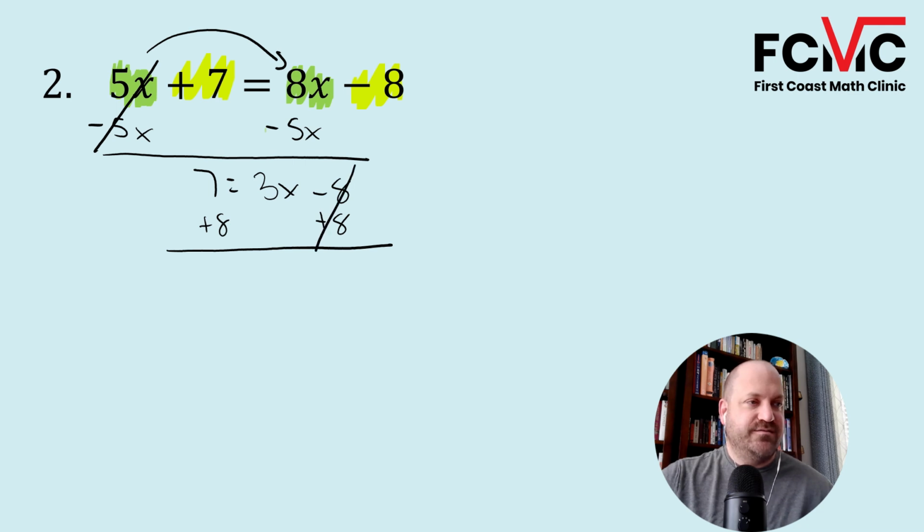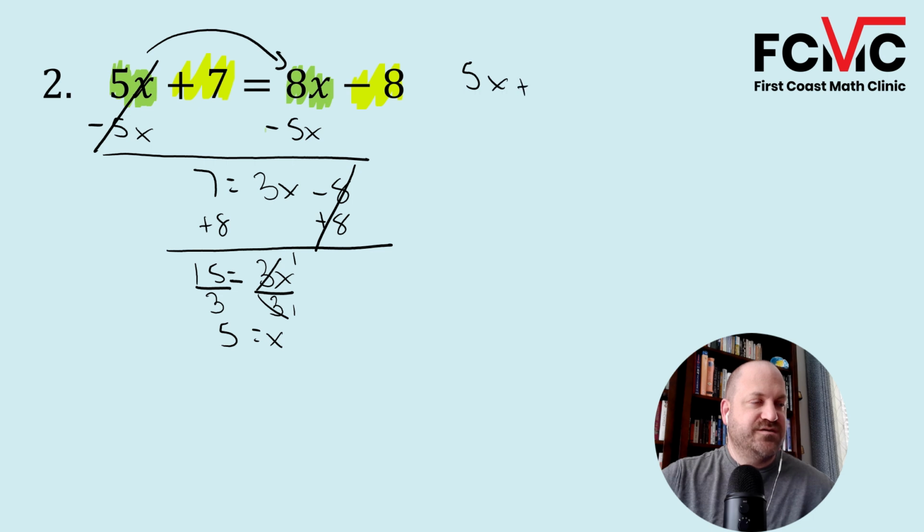Negative 8 plus 8 is 0. And I get 15 equals 3x. Let's undo this multiplication. Divide by 3. We divide out and get 1 and 1. We don't need the 1 there, so we're just going to get x equals 5 as our answer. Okay? Now let's solve this a different way. So I'm going to rewrite it over here.